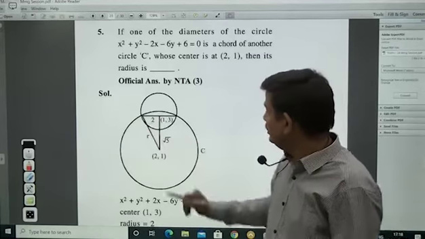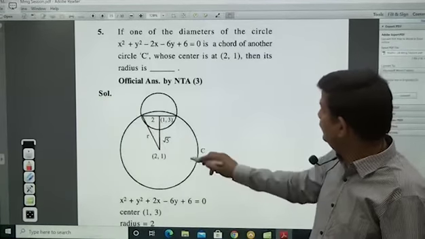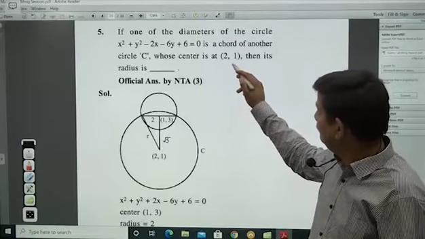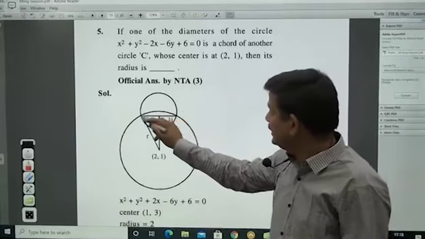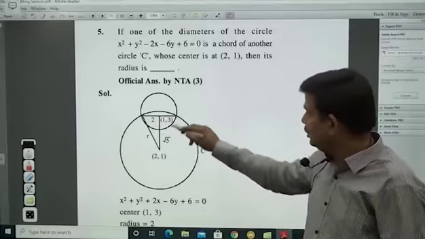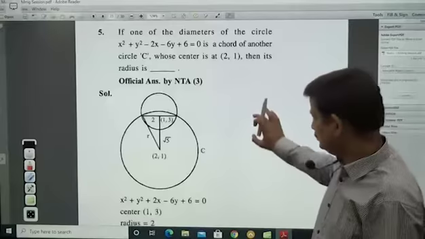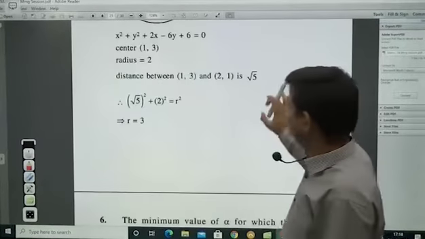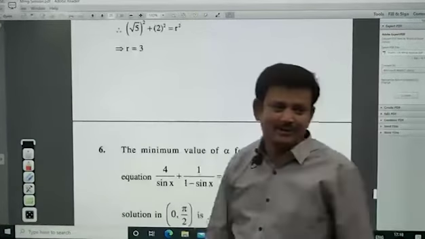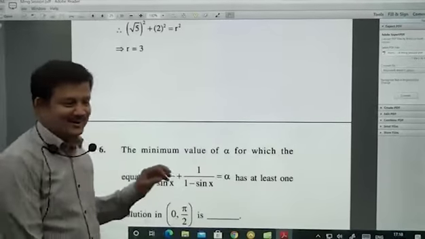Radius is assuming it to be r. This is radius of the first circle, 2. Go for Pythagoras theorem, you will get r. Good. This is better.